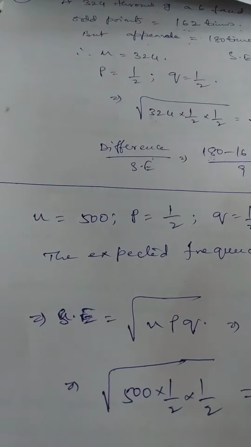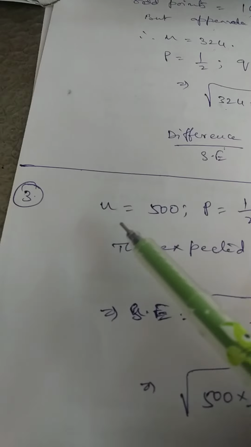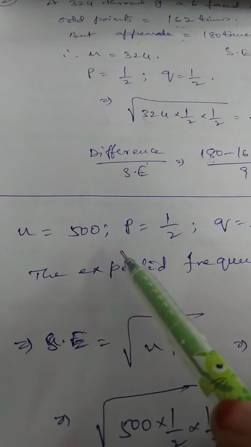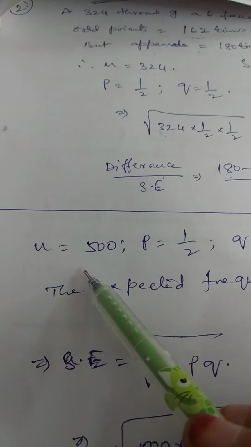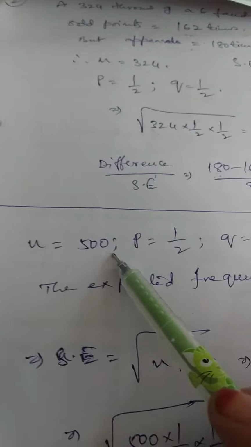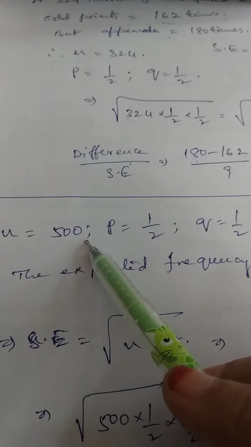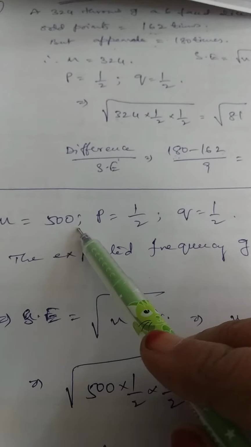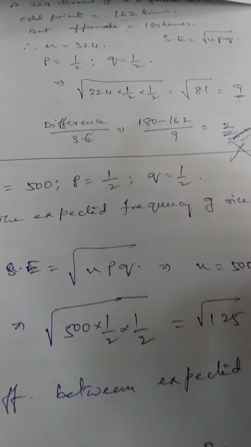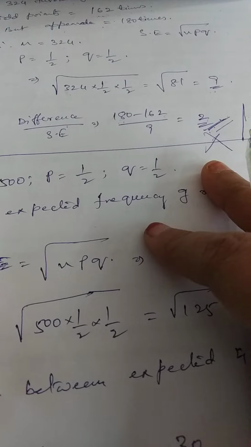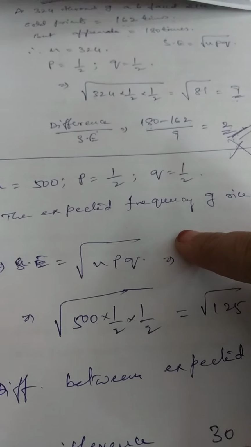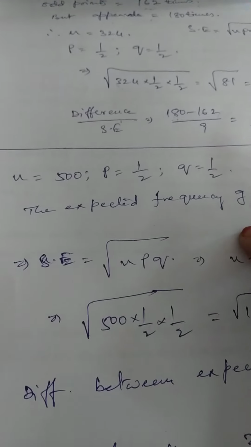If you see the third problem also, in the third problem in standard errors, he said that in a sample of 500 people from a village, means your small n is equal to 500. Out of a village from Rajasthan, where 500 people were taken as sample, 280 were found to be rice eating, where others are wheat eaters. Here also, as a coin has two faces, the population is divided between rice eaters and wheat eaters.